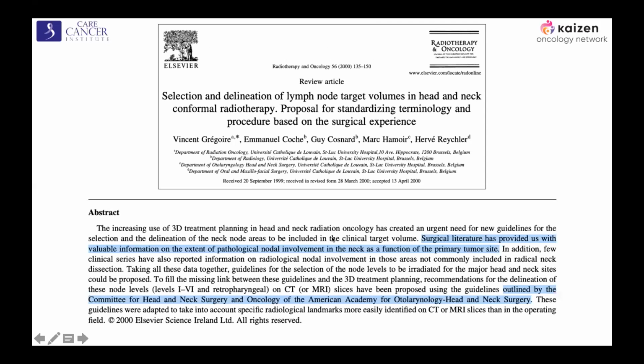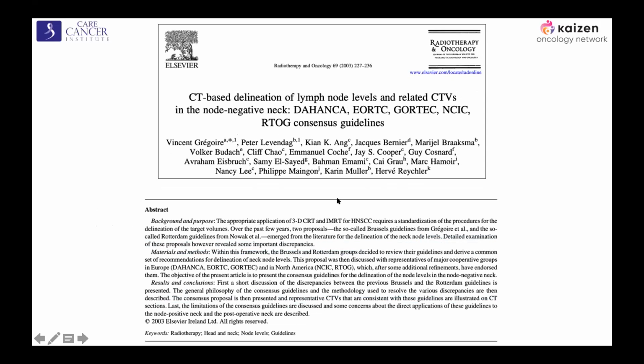So all of this was mainly intended for surgeons. The first paper for radiation oncology for target volume delineation came from the group of Vincent Gregoire. This was the Brussels guideline. This came way back in 2000. There was another guideline called the Notre Dame guideline, which came at approximately the same time. Then there was an understanding of the need for a consensus guideline from major cooperative groups across Europe and North America.